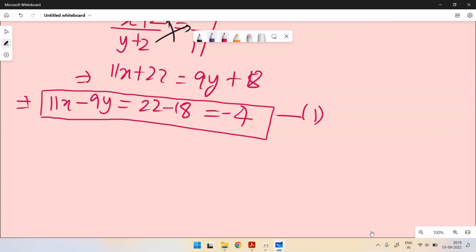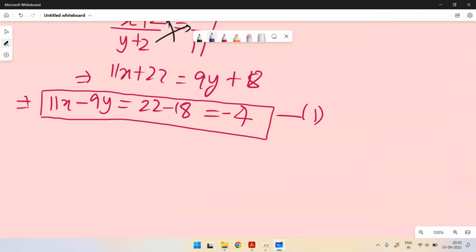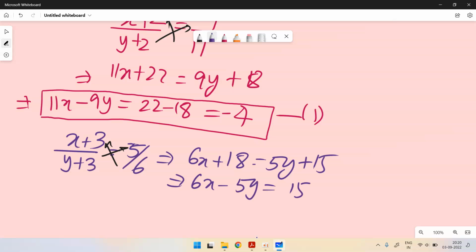Now the second condition says that if 3 is added, it becomes 5 by 6. If you again cross multiply, this will become 6x plus 18 equal to 5y plus 15, and this is 6x minus 5y equal to 15 minus 18, which is nothing but minus 3.